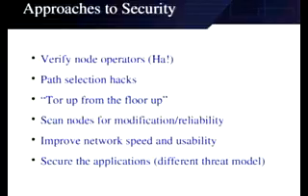So things look pretty abysmal up to this point. So what are some of the approaches that are done to try and improve that picture? Verifying node operators used to be done. It seems to be kind of anathema, I guess, to an anonymity network to try and do that.